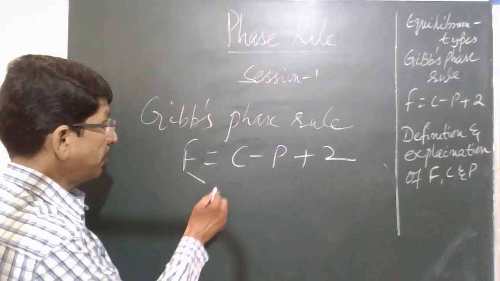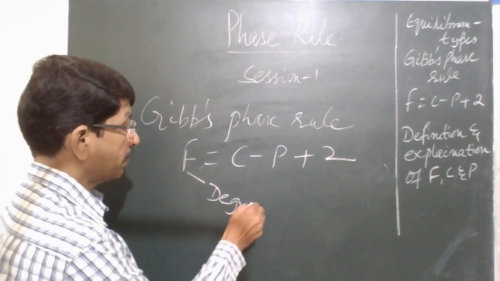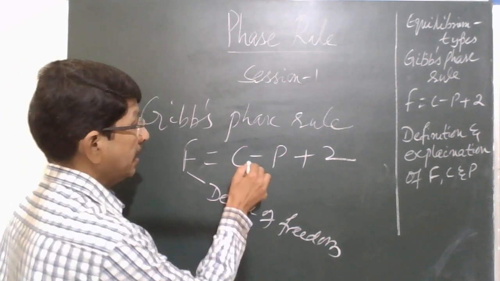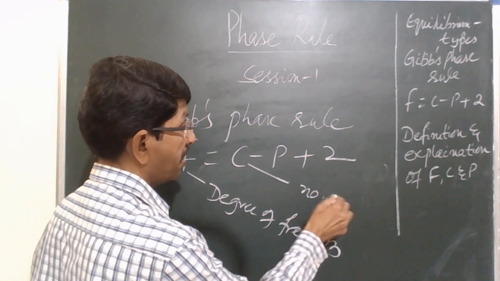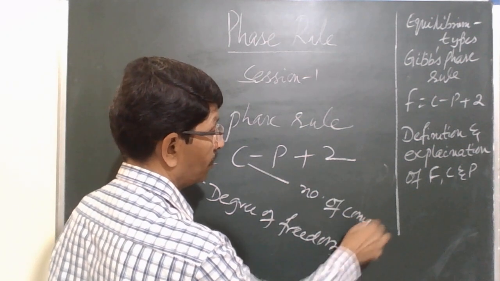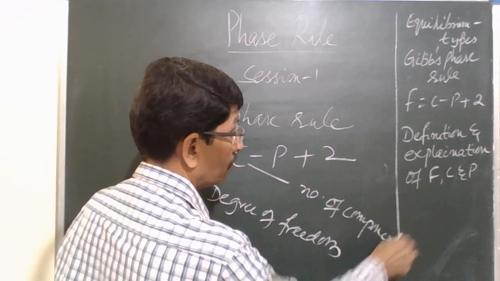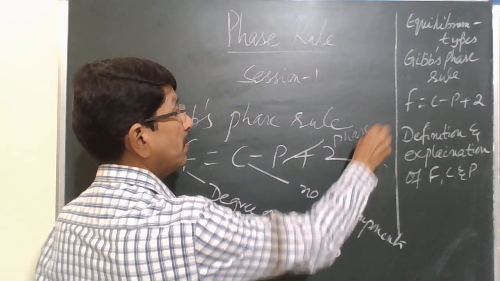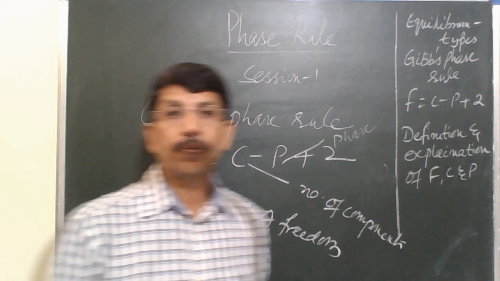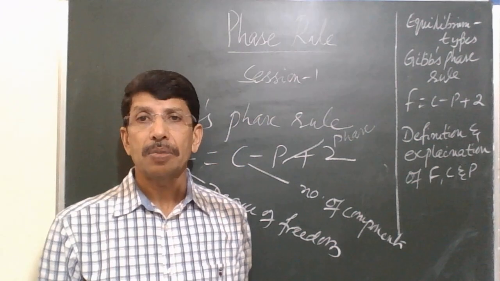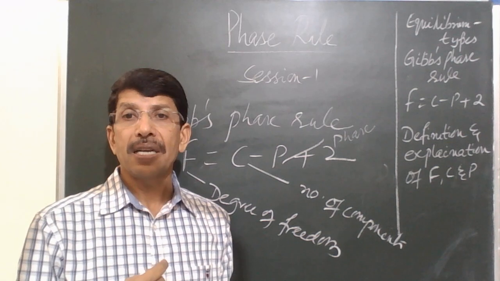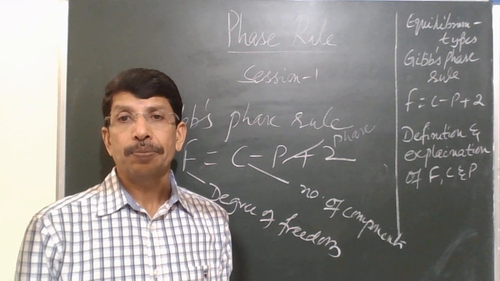where F stands for degree of freedom, C stands for number of components, P stands for number of phases. 2 is a numerical, because 2 here indicates the two variables which are considered to construct phase diagram.